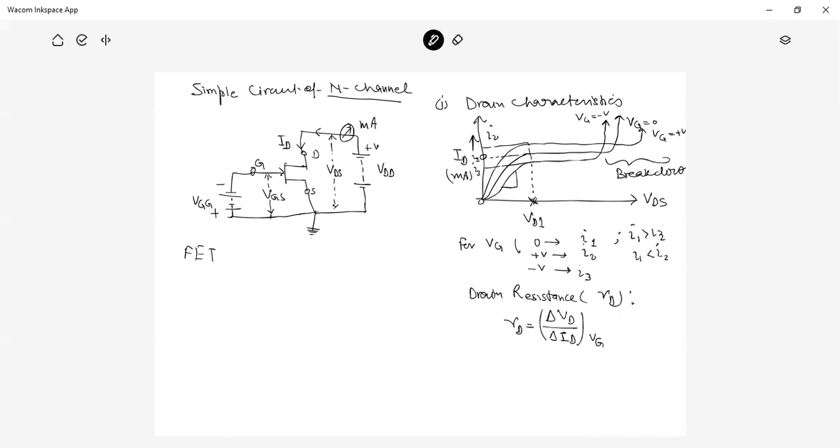Now the second characteristic is the gate characteristic, or mutual characteristic. This is VGS, the gate and source voltage.